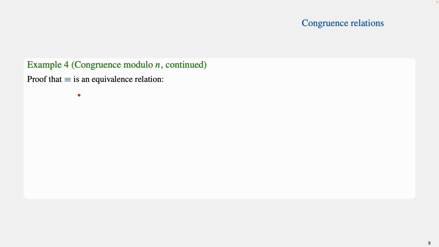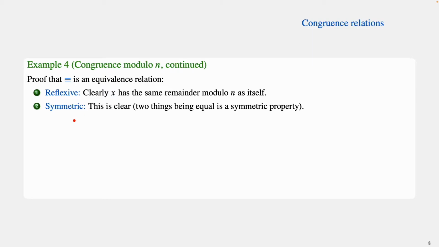Now we will prove that this congruence modulo n is indeed an equivalence relation. First of all, that it's reflexive is clear because every element x has the same remainder modulo n as itself. So that's really a no-brainer here. It is symmetric.